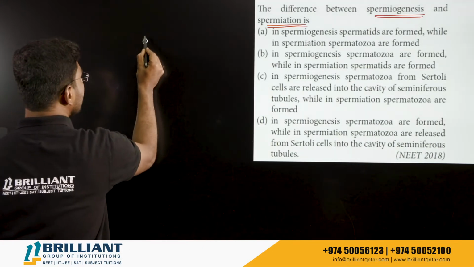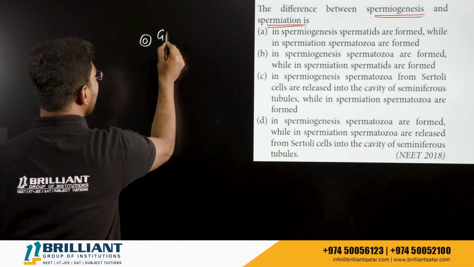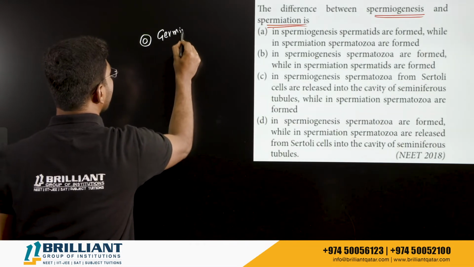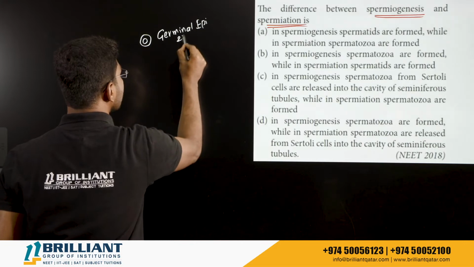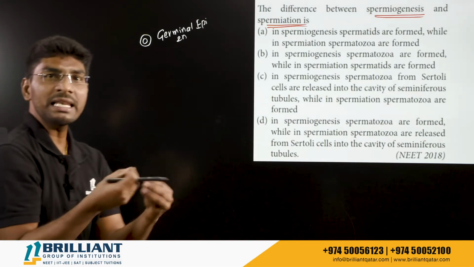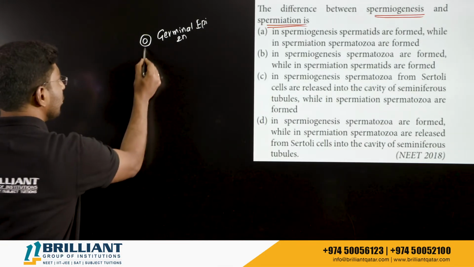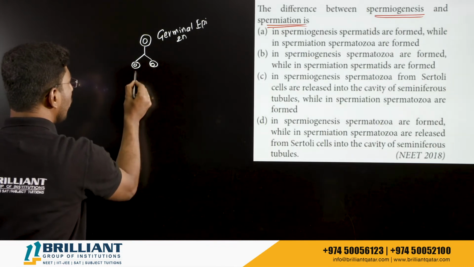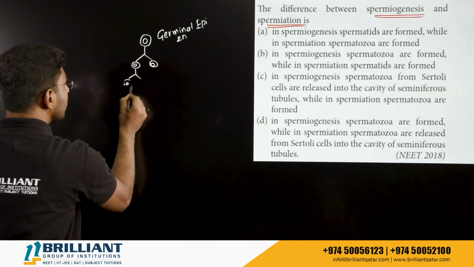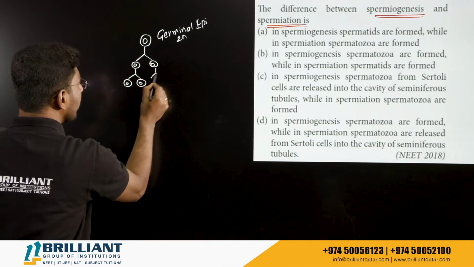This cell is the germinal epithelium. Diploid cell. It undergoes many times mitotic division to form daughter cells. These daughter cells are called spermatogonia.